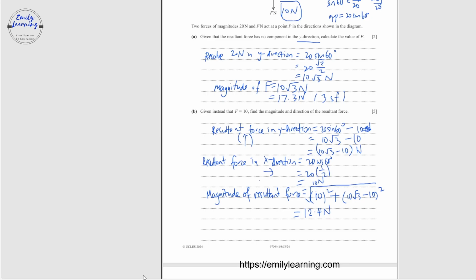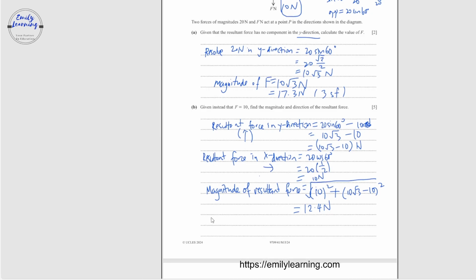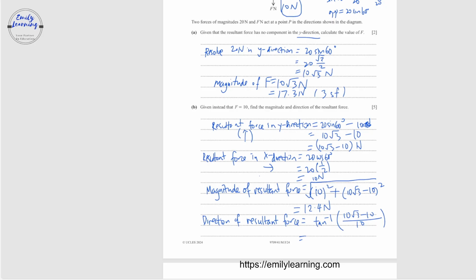Okay, next, to find the direction of the resultant force, I will use tangent inverse of y over x, which is 10 root 3 minus 10 over 10. So I'll get an angle of 36.2 degrees when rounded off to 1 decimal place.